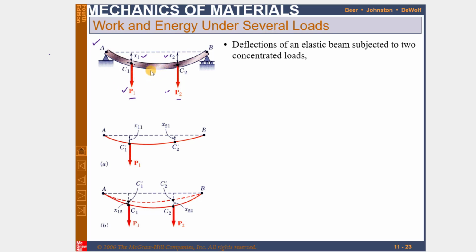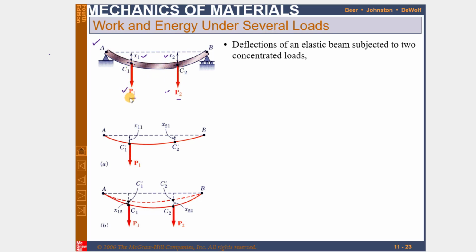So the strain energy of this beam is equal to the work of P1 and P2, as they are slowly applied to the beam at points C1 and C2. P1 is applied at C1 and P2 is applied at C2.